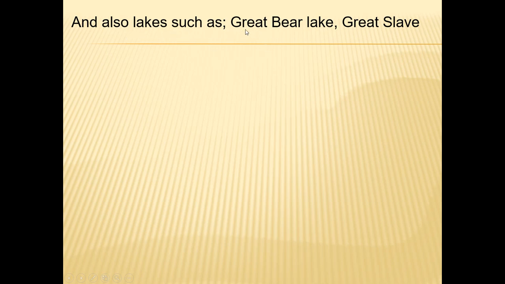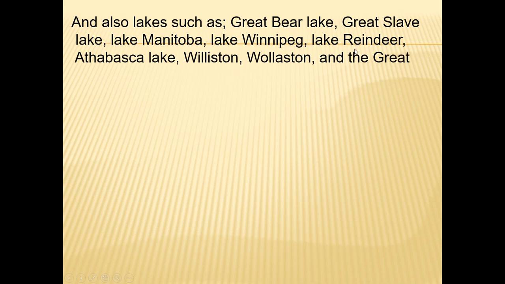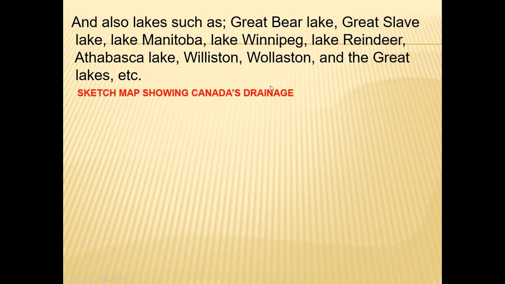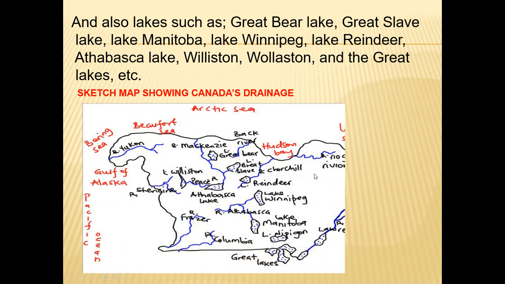For example, there is the Great Bear Lake, the Great Slave Lake, Lake Manitoba, Lake Winnipeg, Lake Reindeer, Athabasca Lake, Williston, the Great Lakes, which are in the eastern part, among others. And below, we summarize these lakes and rivers on this map.